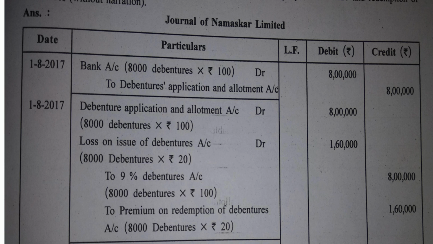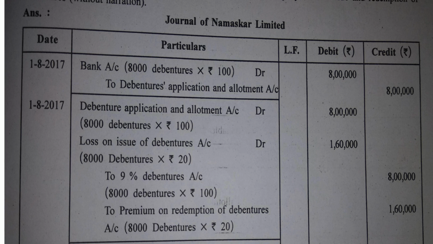So 1/8/2017 again, debenture application and allotment account debit 8 lakh, that is 8,000 into 100. Then loss on issue of debentures account debit 8,000 into 20, 1,60,000. This is the amount that will be paid at the time of redemption of debentures, and this is a loss for the company, and hence it has been debited.